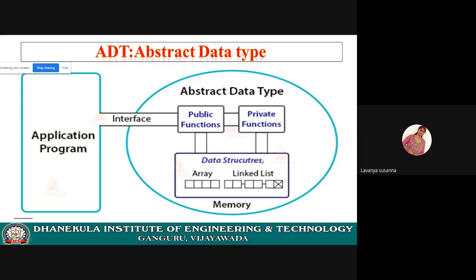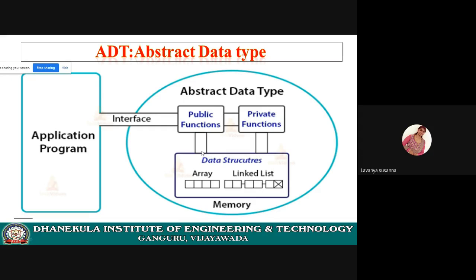Now this application program will access these public functions. Only public functions; the program cannot access private functions. Private functions can be accessed by only public functions. See the directions.